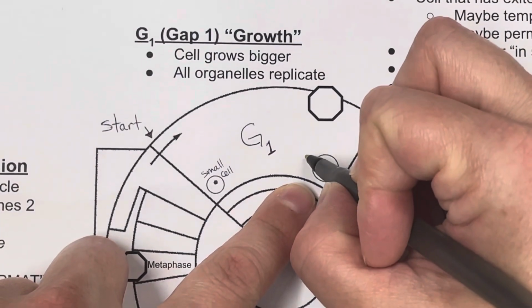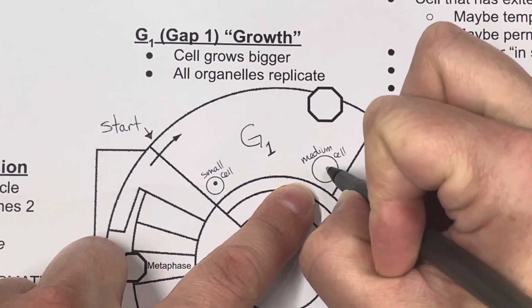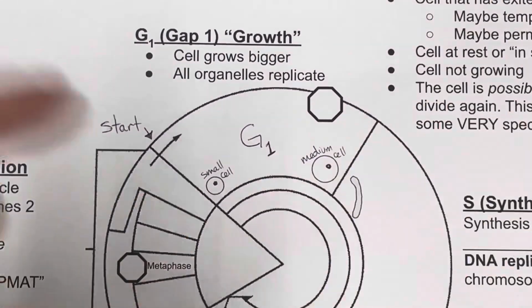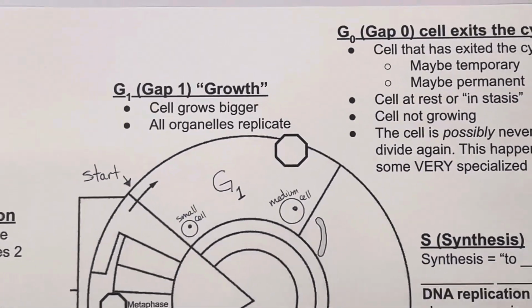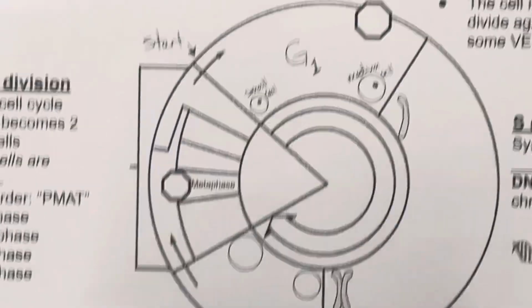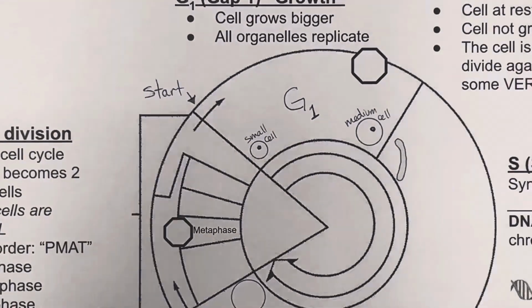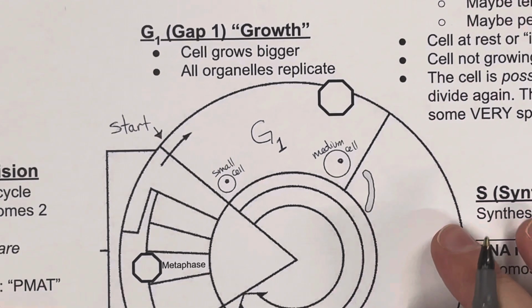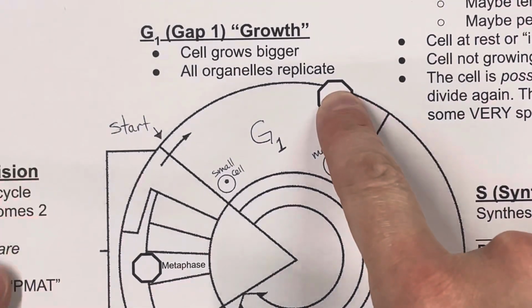So now we have a medium-sized cell at the end of this cycle. I'll come back to that later.